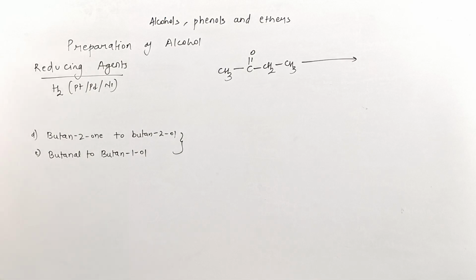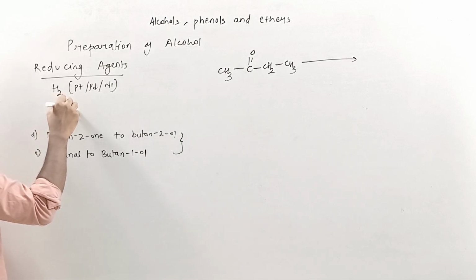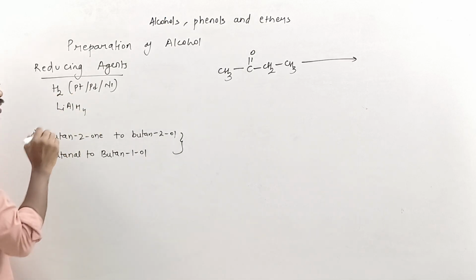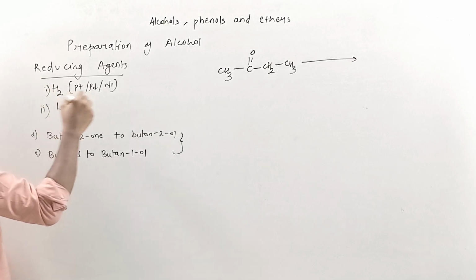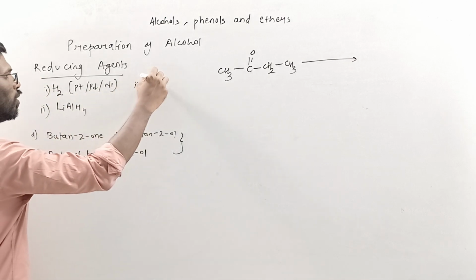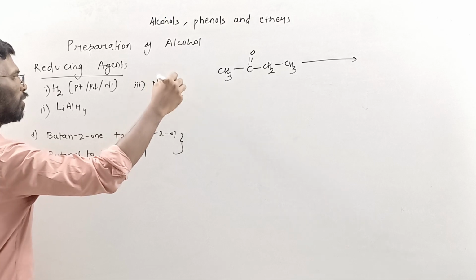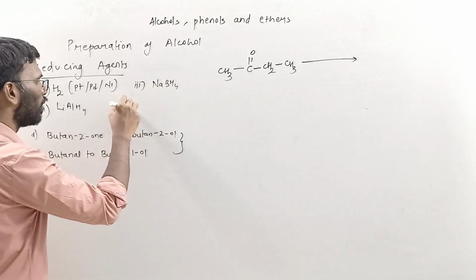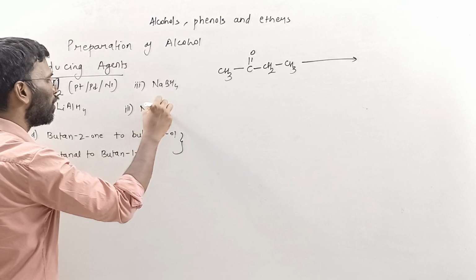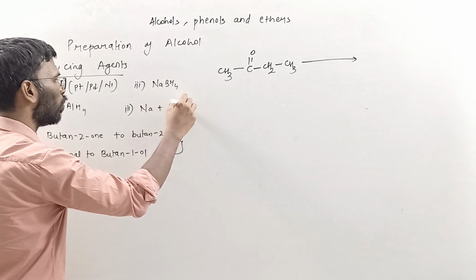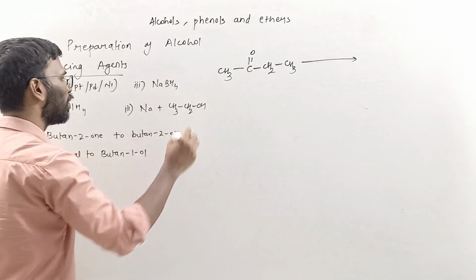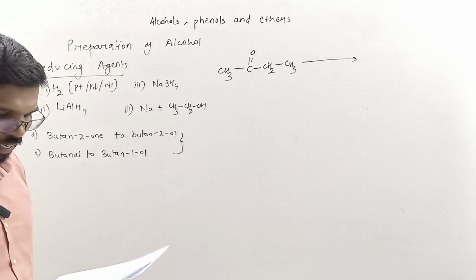This is a good reducing agent. Lithium aluminium hydride is also a very good reducing agent. The third reducing agent is NaBH4. This is a very good reducing agent. Then sodium in the presence of C2H5OH, ethanol. This is also a very good reducing agent.